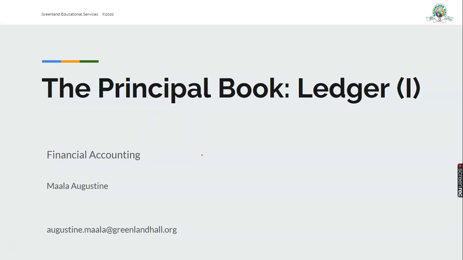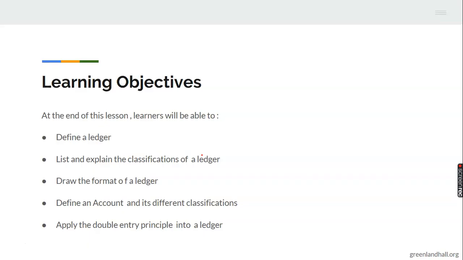Now, before we go ahead and look at this in detail, we are going to look at the learning objectives.